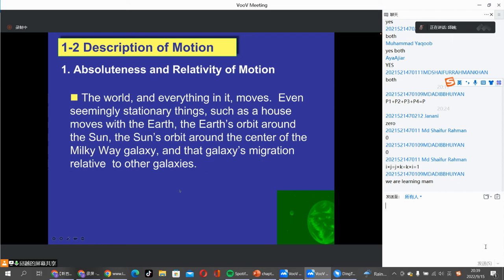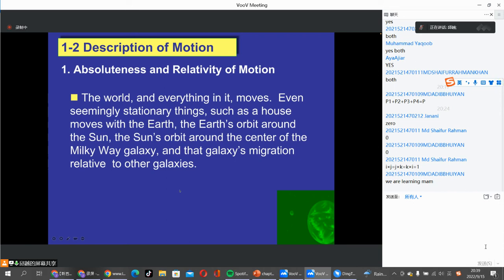The world and everything in it moves. Even semi-stationary things such as the house move with the earth. The earth's orbit around the sun, the sun's orbit around the center of the Milky Way galaxy, and that galaxy's migration relative to other galaxies.